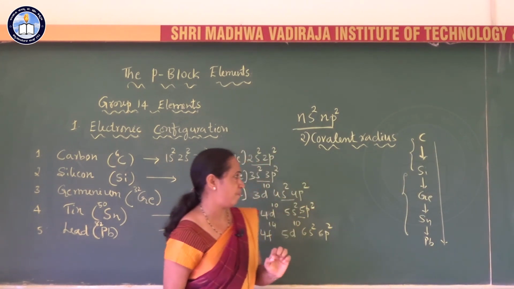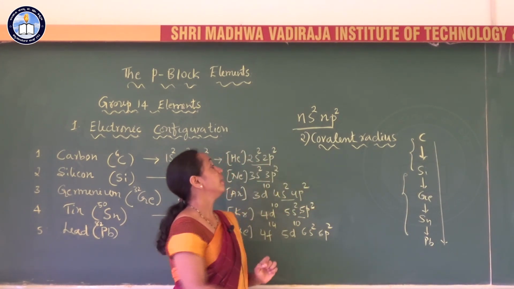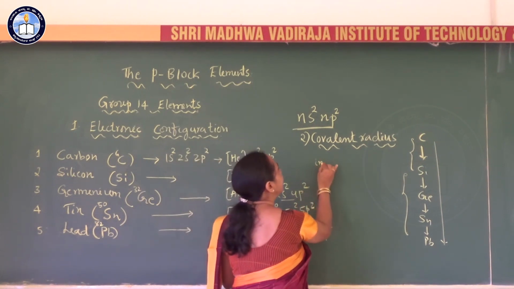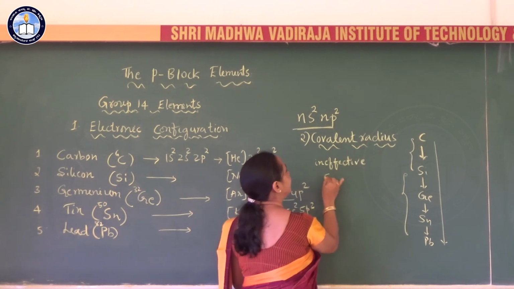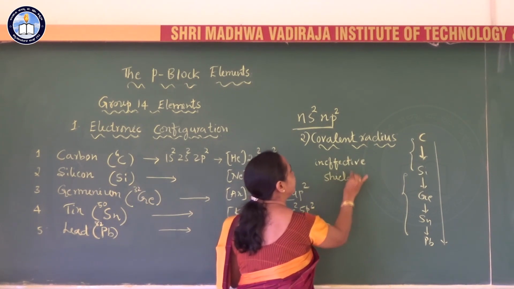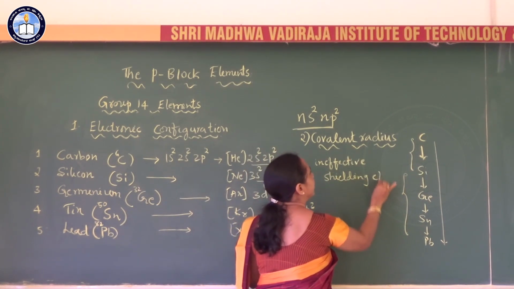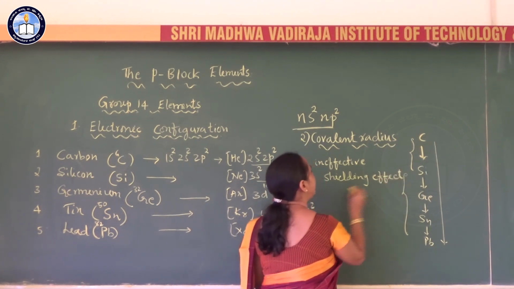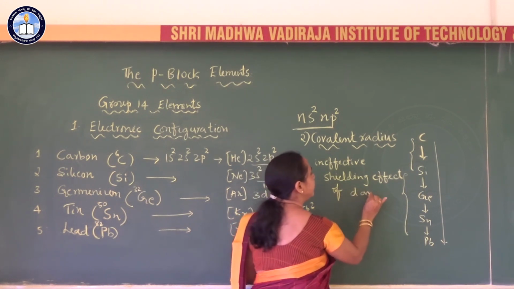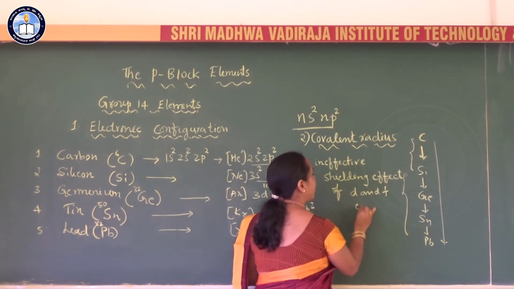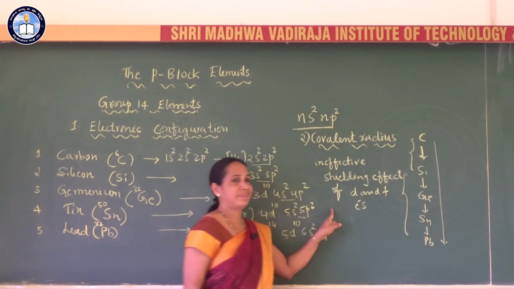And this is due to the ineffective shielding effect of D and F electrons.